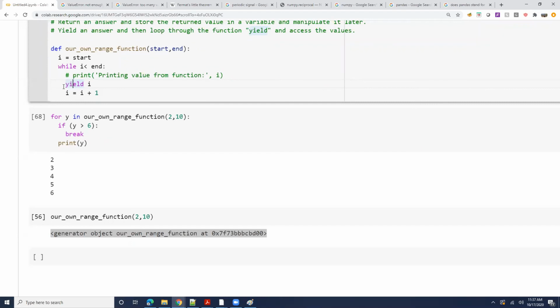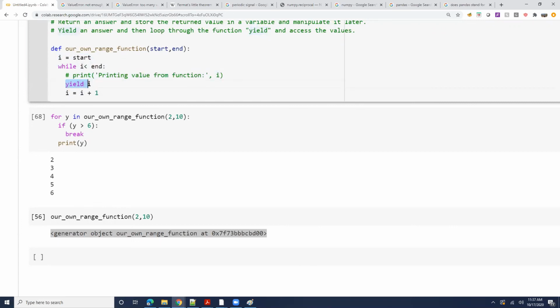So yield returns one value, and then next time when you call it again, it continues from wherever it stopped. Whereas return just stops the function's execution, and after that if you call it again, it starts from the beginning.